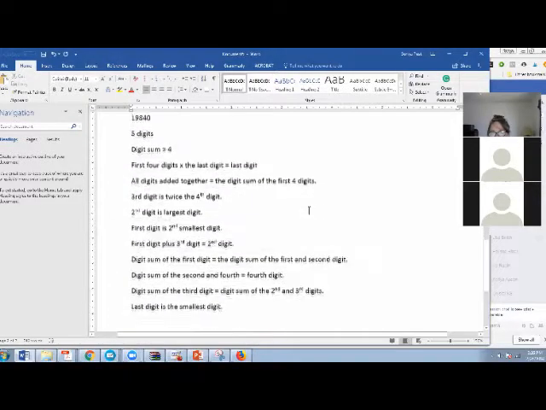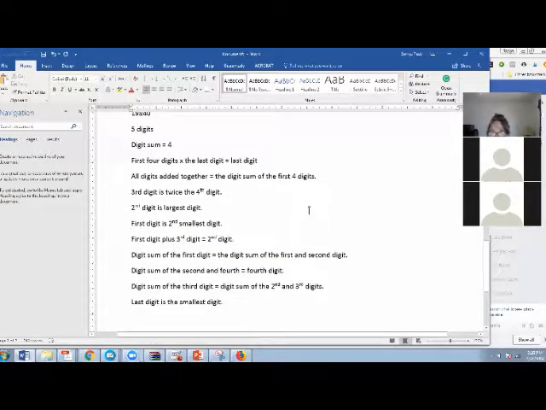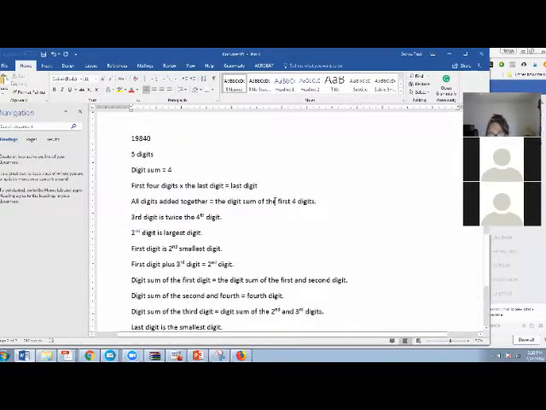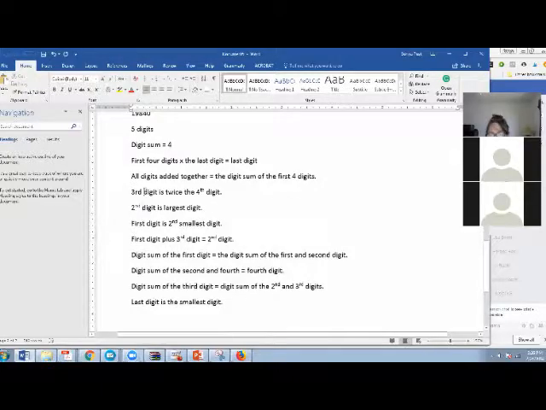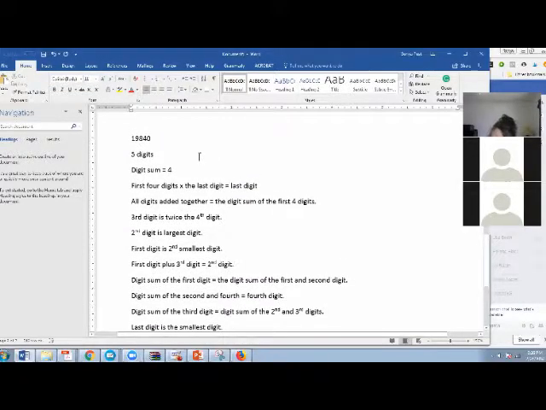You should be able to figure out the 9. You should be able to figure out the 0. And we have something here that says the 1.